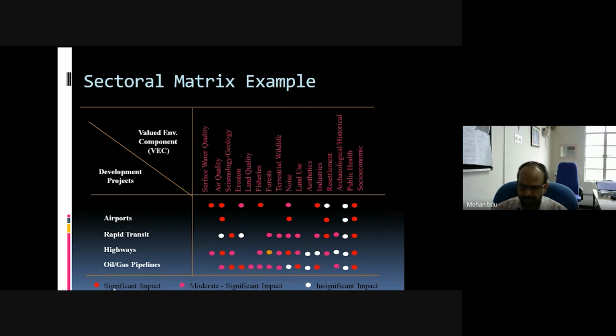And here we decide based on three indicators, whether it is a significant impact, moderate impact or insignificant impact.